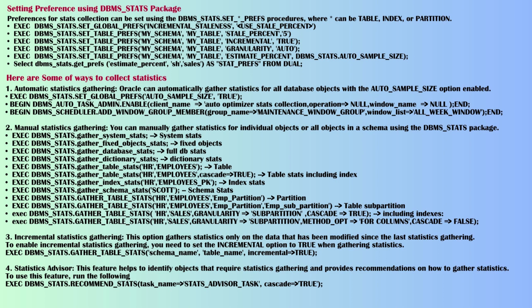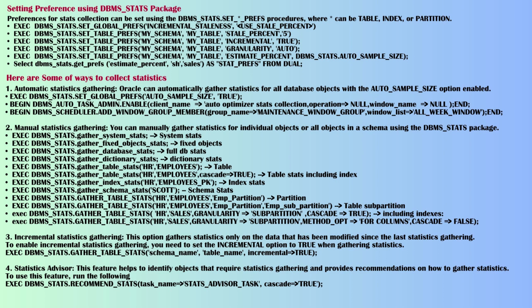Exec dbms_stats.gather_table_stats, ownname equals HR, tabname equals sales, granularity equals subpartition, cascade equals true, subpartition stats including indexes. Exec dbms_stats.gather_table_stats, ownname equals HR, tabname equals sales, granularity equals subpartition, method_opt equals for columns, cascade equals false, subpartition statistics for the table without indexes.